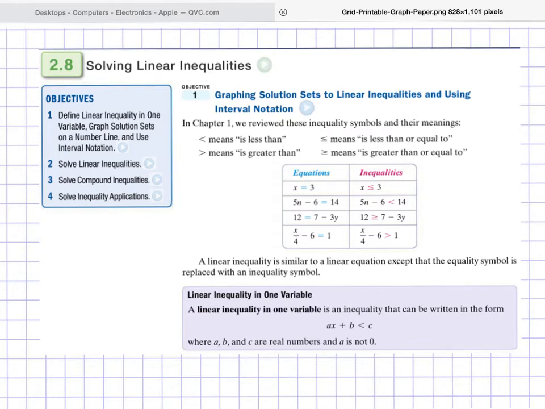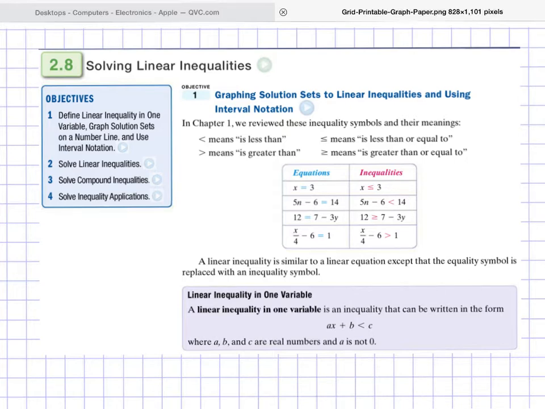So in this diagram, you see a table here that shows you a list of equations and a list of inequalities. Notice that they're just the same except for the symbol or the sign between the two expressions.